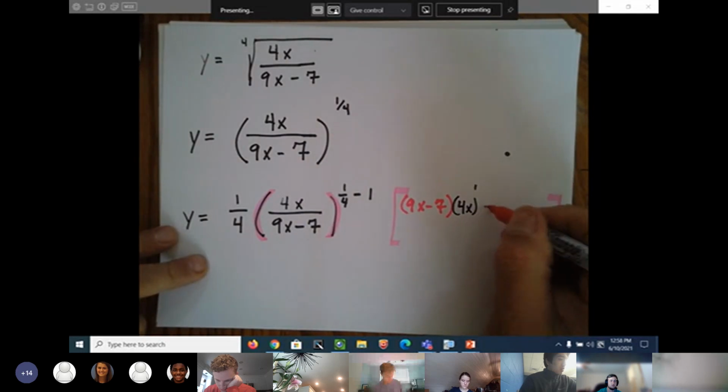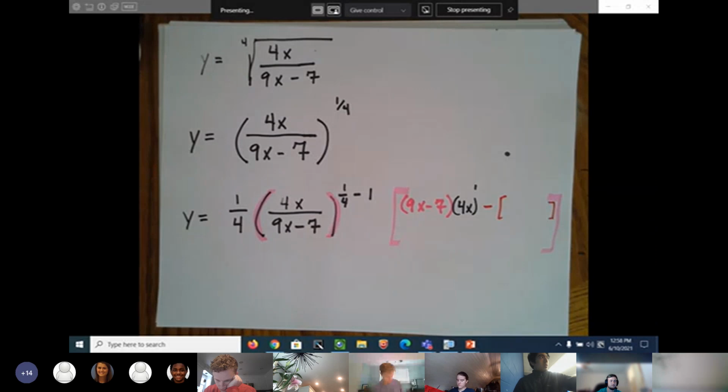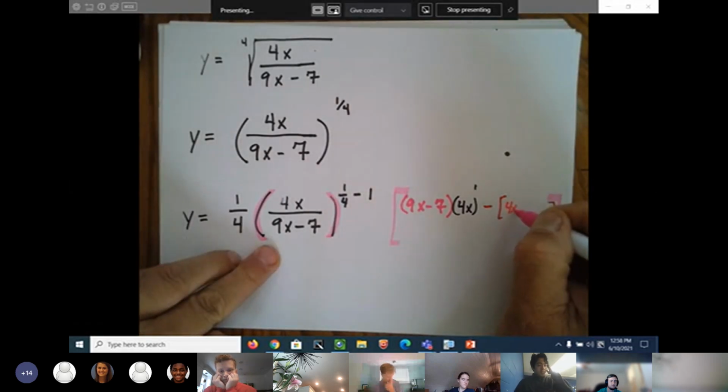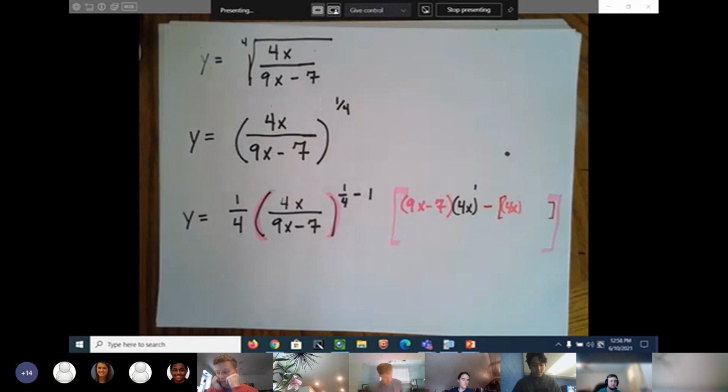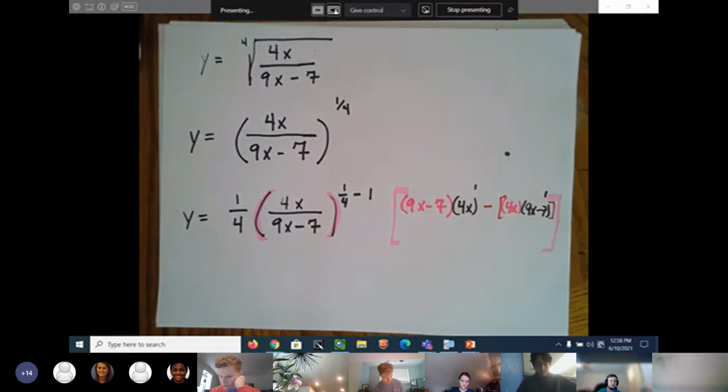Minus, and that's red, the numerator times the denominator prime. The numerator is 4x times denominator prime, 9x minus 7, over denominator squared.